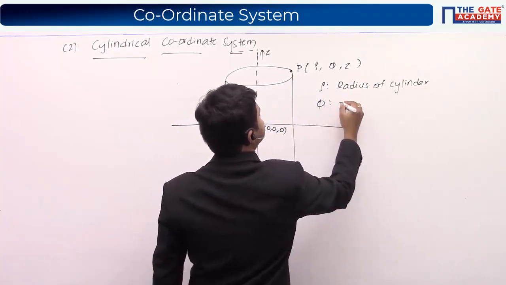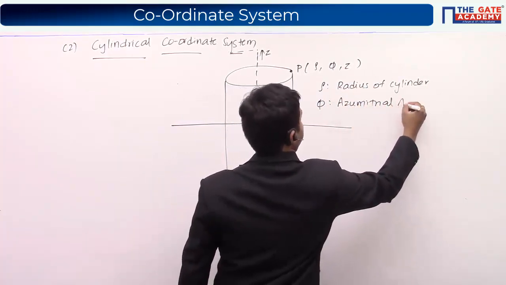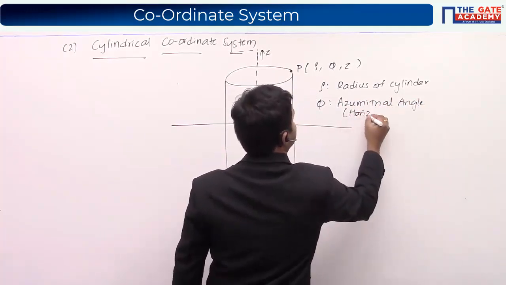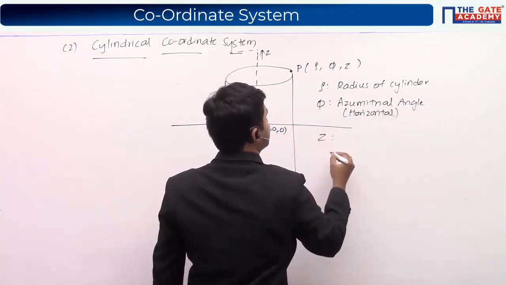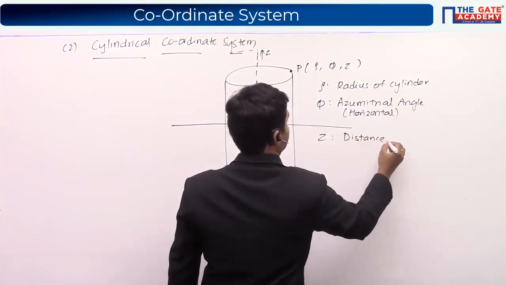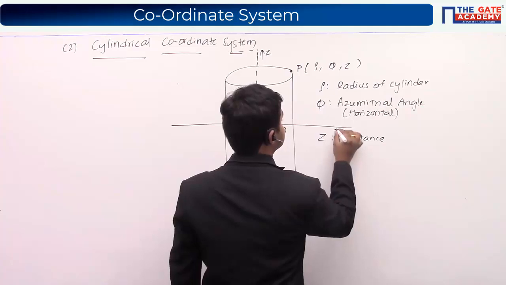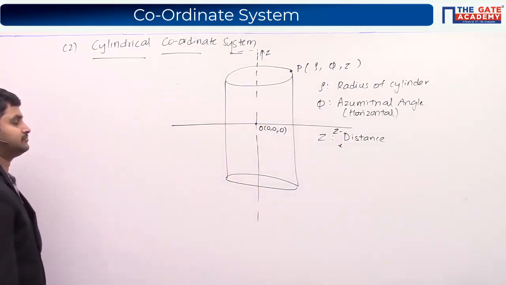Phi is what we call the azimuthal angle, or the horizontal angle, and z is the z distance.